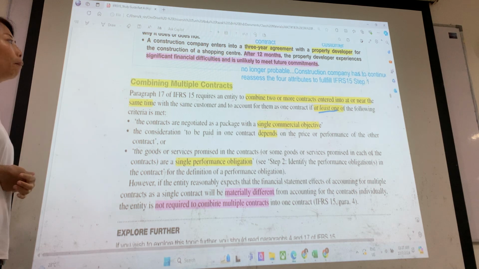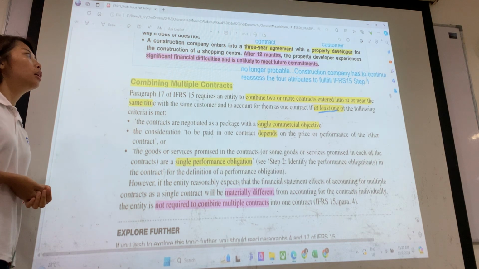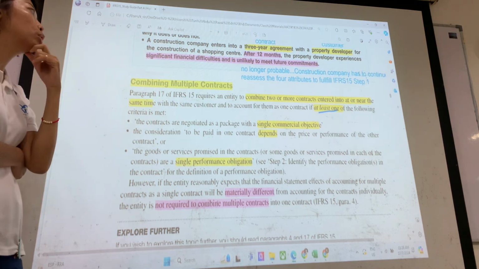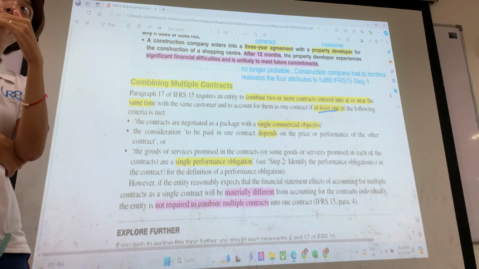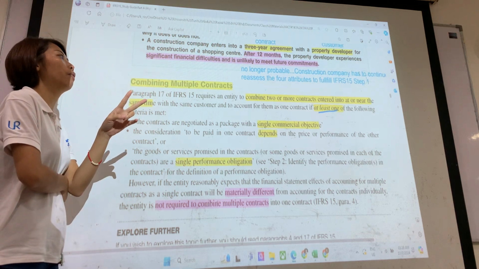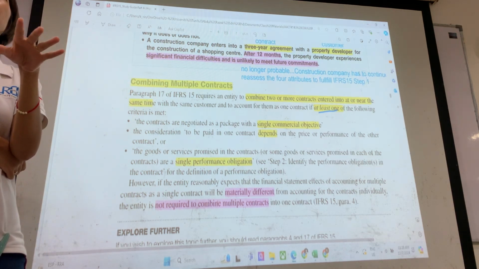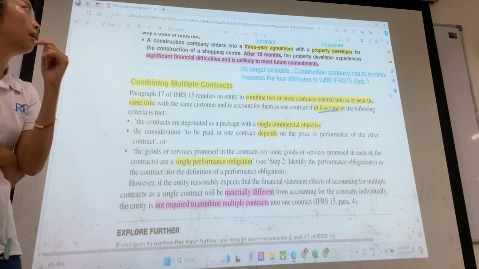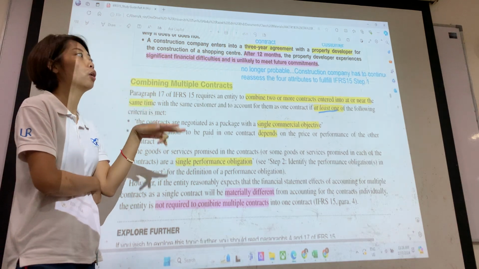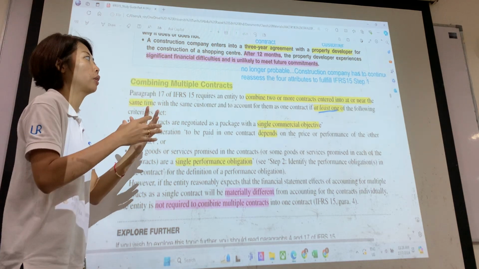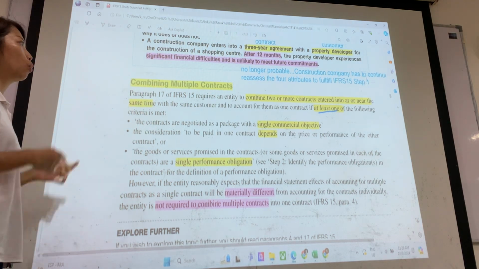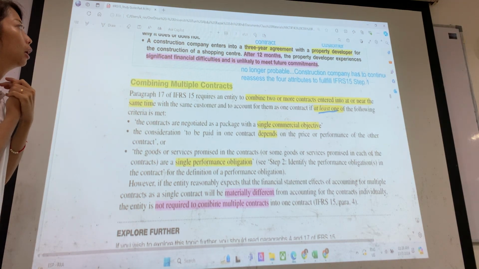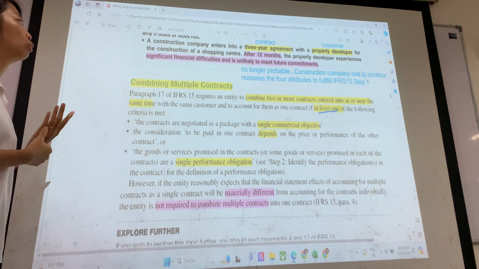But then 1 month later, the customer says, hey, your product is very good, a lot of people want to buy. Can we draw another contract for extra 200 units of your product, but at a discounted price? That means we have two contracts already, multiple contracts in a very near period of time. So to do our accounting, can we just combine them in one shot? And what are we supposed to do?